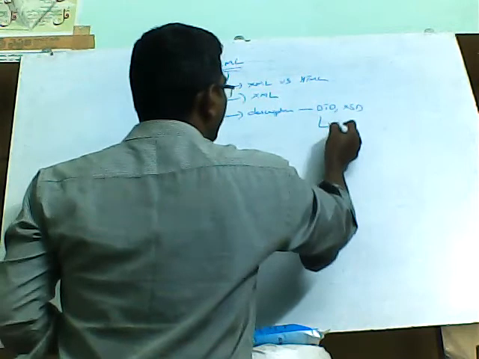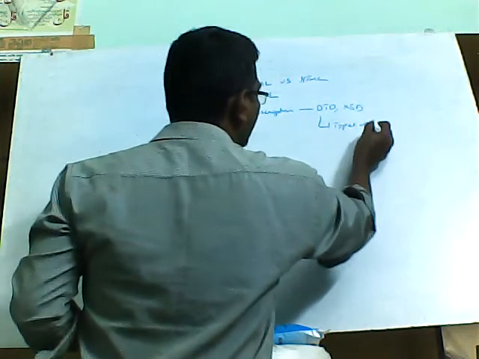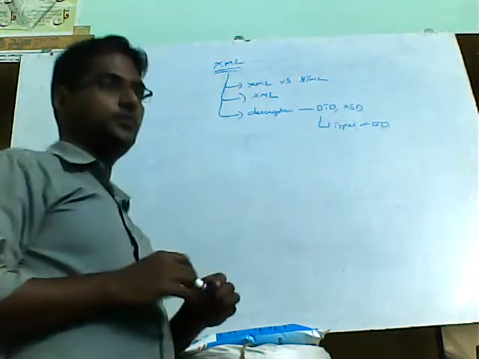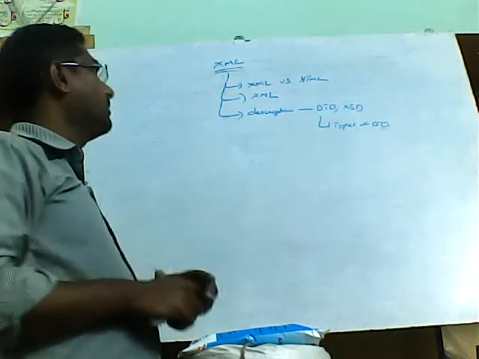And types of DTDs also we have learned. So this is a very easy chapter, an easy unit, so you can easily score the marks.